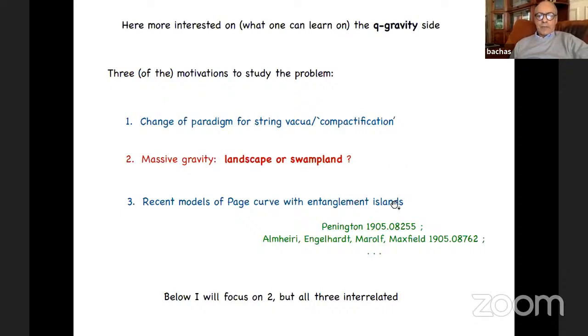Finally, and this was mentioned in the previous lecture, the recent models of the Page curve with entanglement islands, that started with these very stimulating works, make use of this Planck brane in a non-trivial way. So this is a more recent motivation to try to understand this problem more precisely. So here I'll start somewhat unconventionally from point 2, but as you will see, all three are closely interrelated.